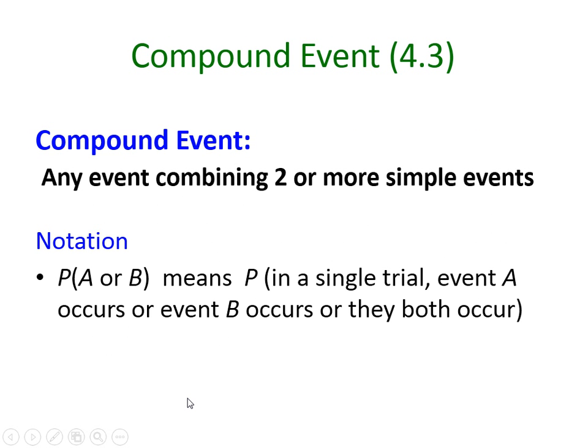So if we were rolling a dice and flipping a coin and finding the probability that I flip a heads and I roll a 2 at the same time, or that I roll a 2 or flip a heads, those would be different kinds of compound events. And again, whether I'm saying the word "or" or the word "and" is going to make a difference in the way we combine these different simple events. And today we're going to focus on the word "or."